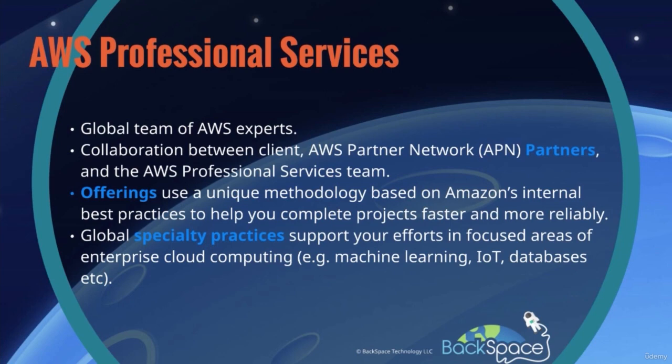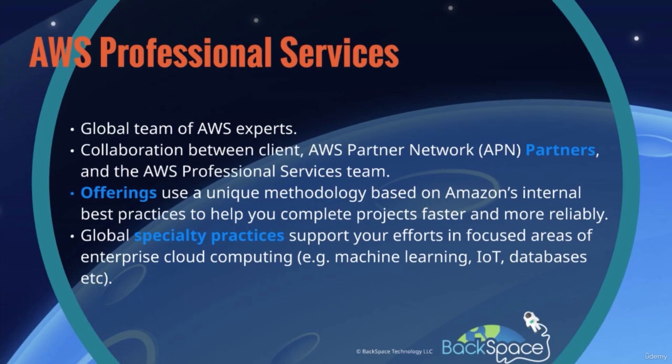The professional services use a number of different offerings that use a unique methodology based on Amazon's internal best practices, and they help you to complete your projects faster and more reliably.